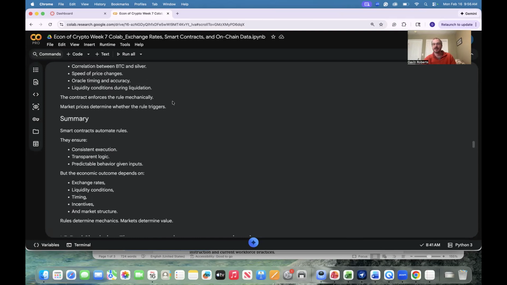Oracle timing and accuracy. I said earlier in this lecture that maybe we have to go off of the blockchain to receive information. For example, maybe a smart contract relies on information provided by the Chicago Mercantile Exchange. The Chicago Mercantile Exchange is a centralized exchange.